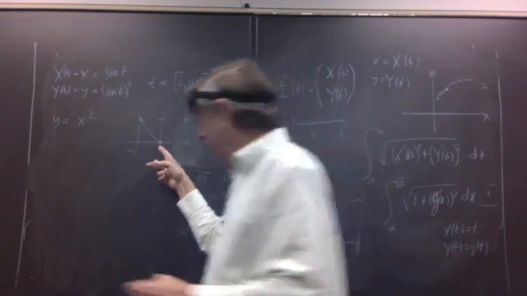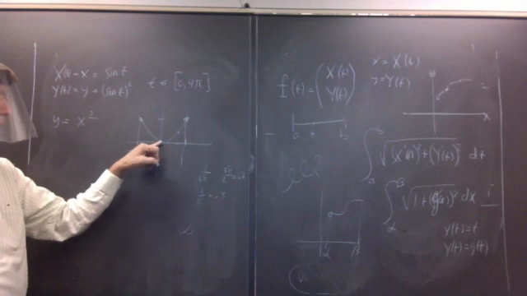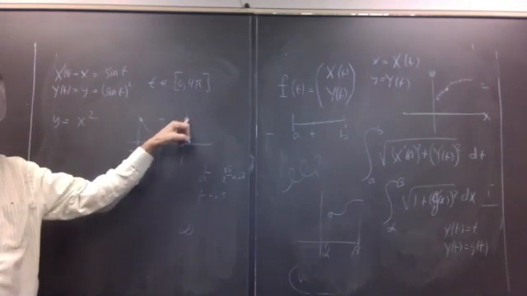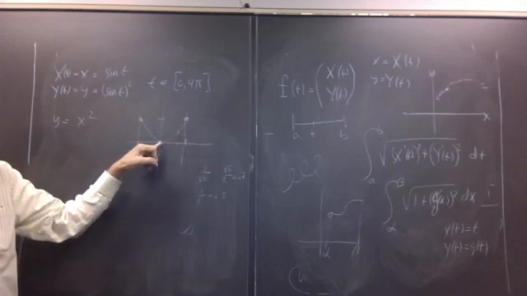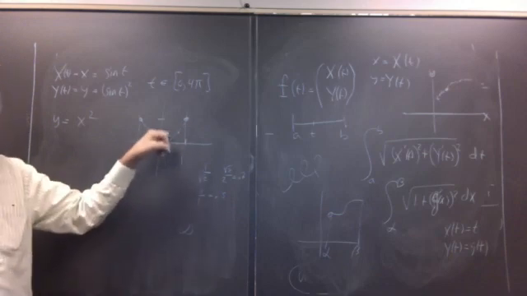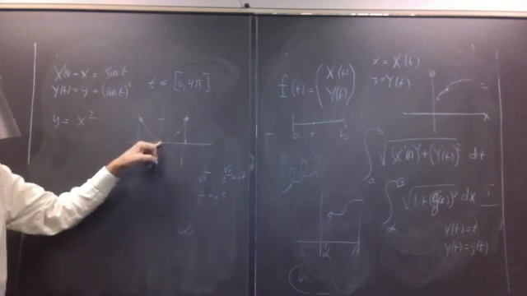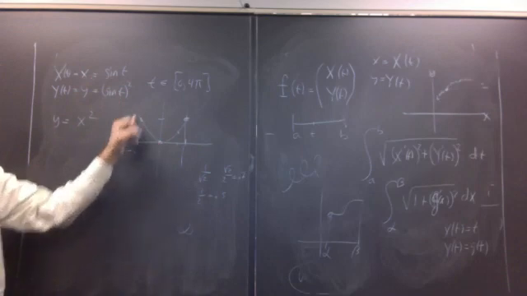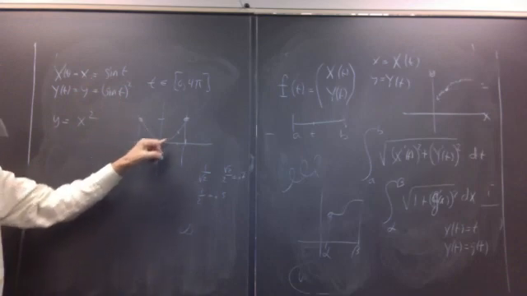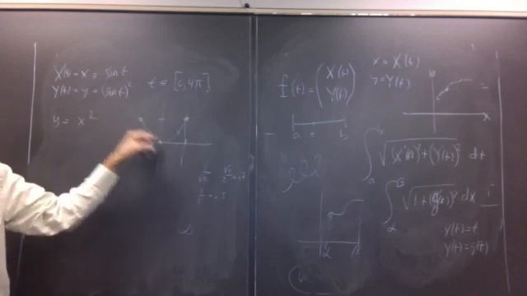So what happens here, if I start with t equals 0 and I let t increase, I climb up this parabola until I get here. And then as t gets bigger, I go back down. So I'm getting points more than once, even though I can't see them because they're on top of each other. And when I get past pi, I'm actually going to go this way because the x will now be negative. The y is still squared, so it's still positive. I'm still on the parabola. But what this does is gives me something that oscillates back and forth.